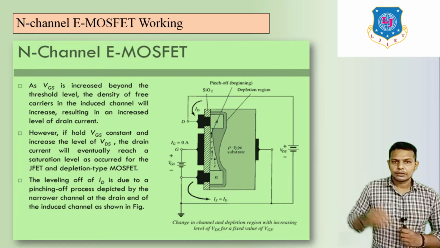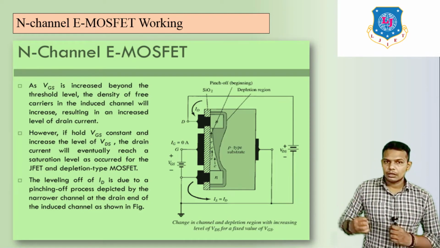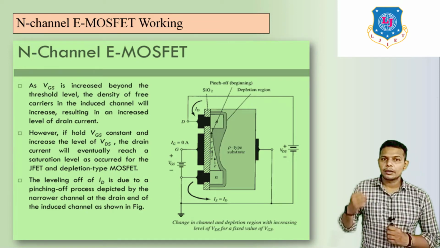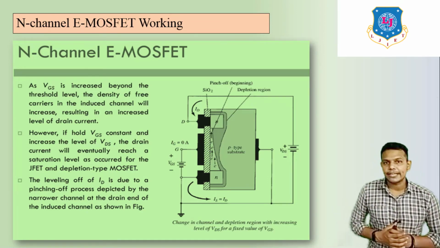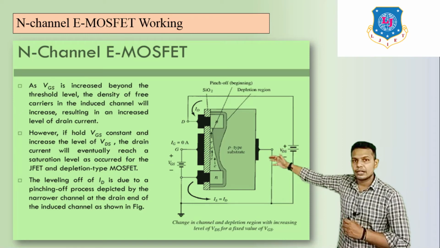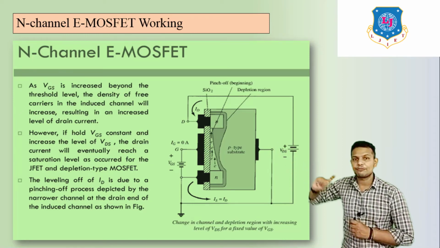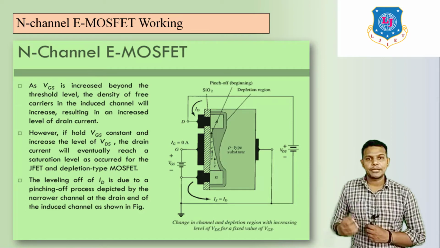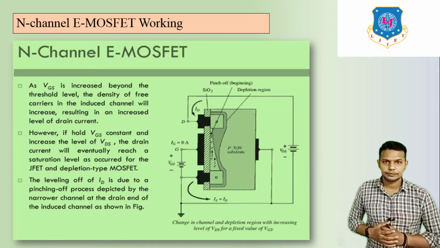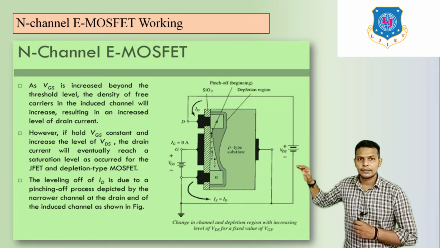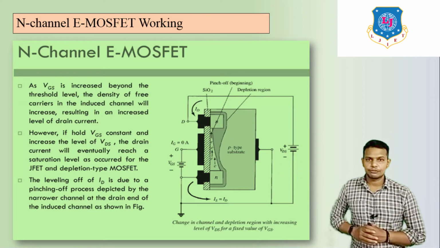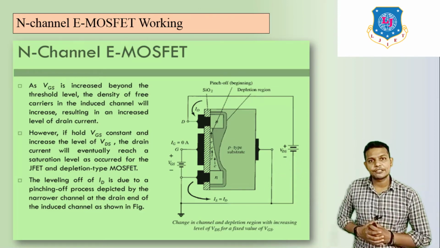So here the leveling of ID is due to pinch off. Here we can see the channel is going to decrease, and that phenomenon is known as pinch off voltage, or the beginning of pinch off. Why is pinch off generated here?